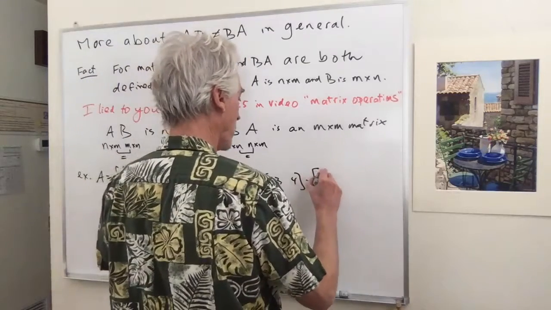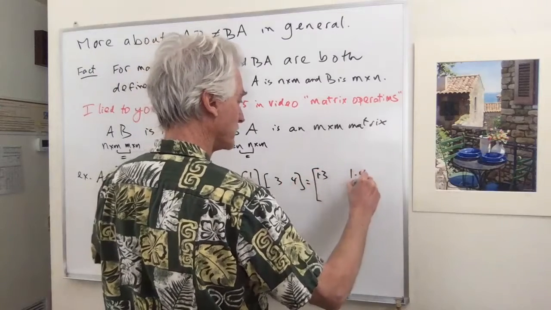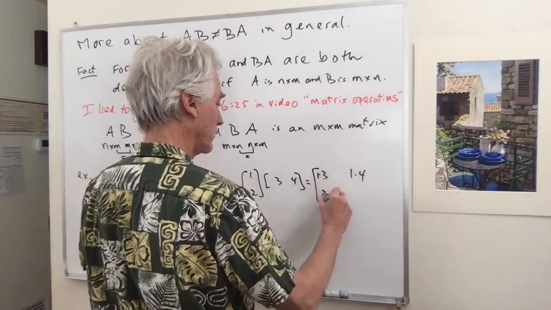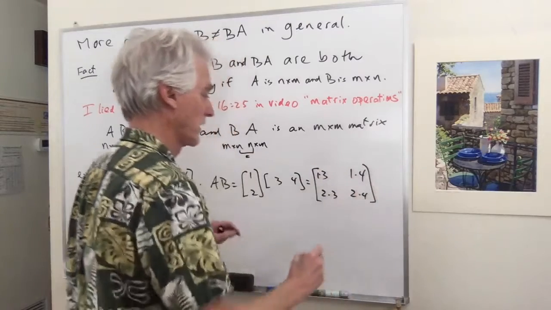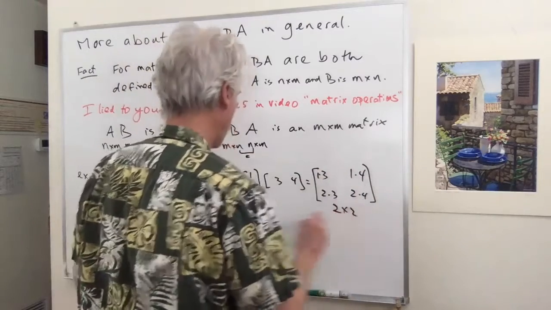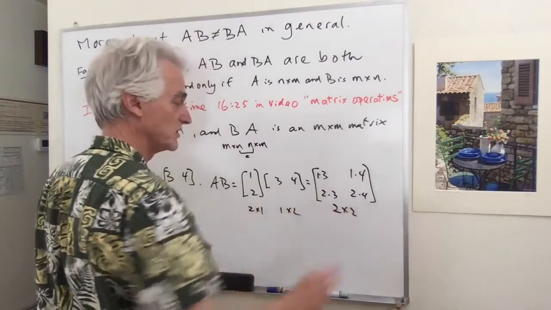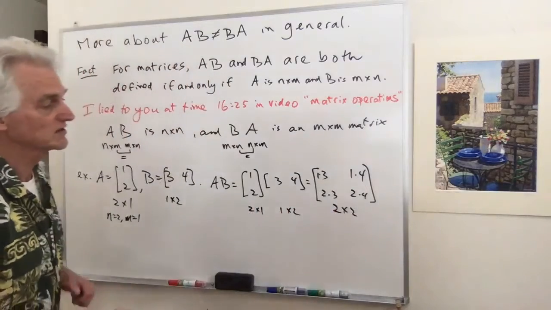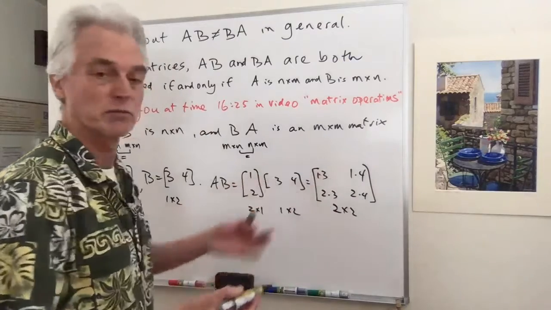And it's 1 times 3, 1 times 4, 2 times 3, 2 times 4. Here's a 2 by 1, here's a 1 by 2, and the result is a 2 by 2. This is a very important example. It's sometimes called an outer product.